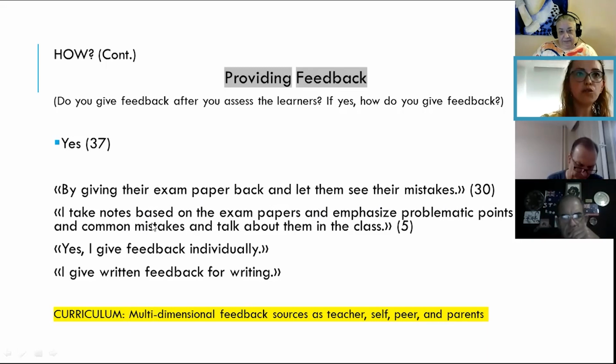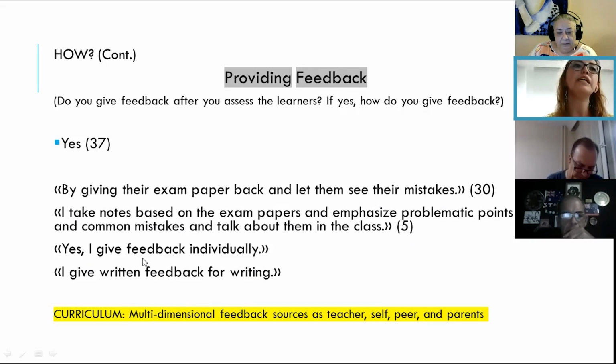I take notes based on the exam papers, and I emphasize problematic points and common mistakes and talk about them in the class. 5 of them, yes, I give feedback individually. I give written feedback for writing. So here I summarized the responses by 37 teachers as 35-1-1.